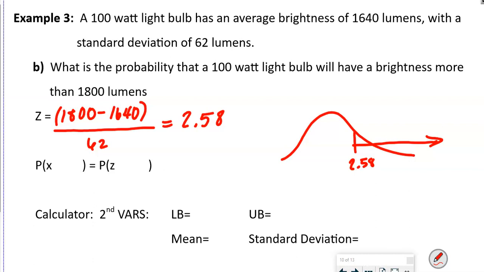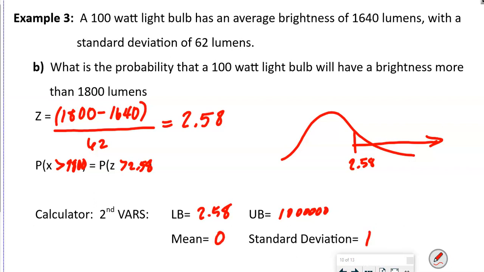So we want the probability that X is greater than 1800, and then our z-score is going to be greater than 2.58. So here again, we know that our lower bound is going to be 2.58. Our upper bound this time is going to be 1,000,000. So our mean is still 0 and our standard deviation is 1.